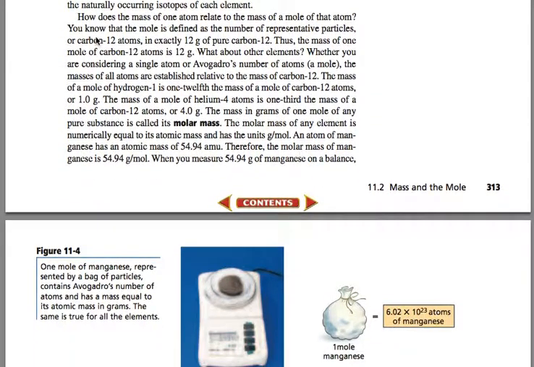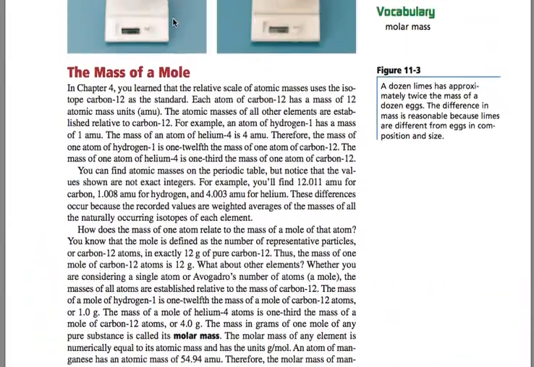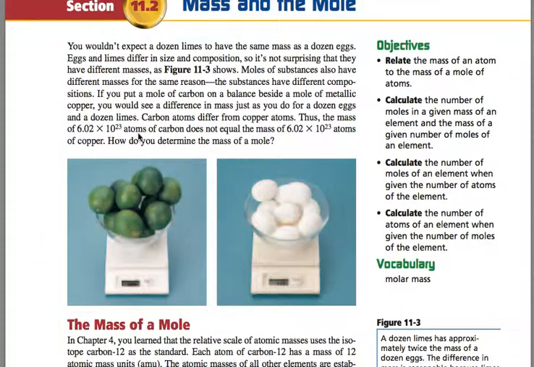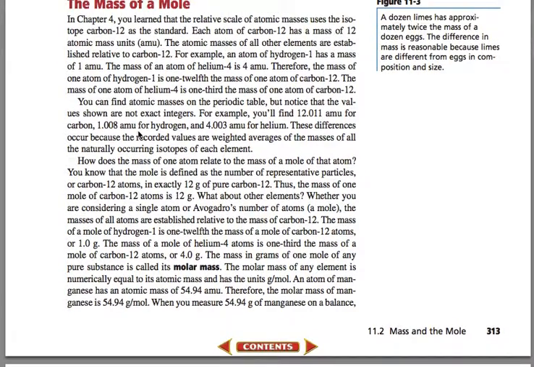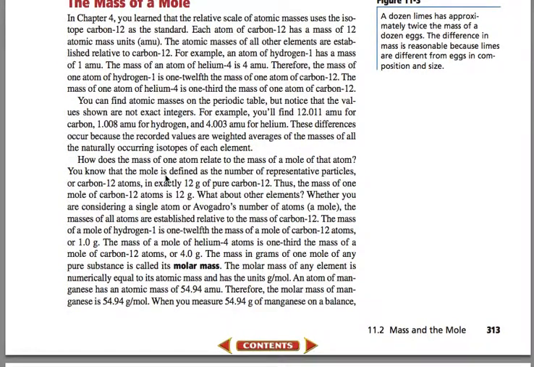How does the mass of one atom relate to the mass of a mole of that atom? So not one, but 6.02 times 10 to the 23 of those atoms. You know that the mole is defined as the number of representative particles, or carbon-12 atoms, in exactly 12 grams of pure carbon-12. Okay, again, so both AMUs and moles are related to pure carbon-12, okay?